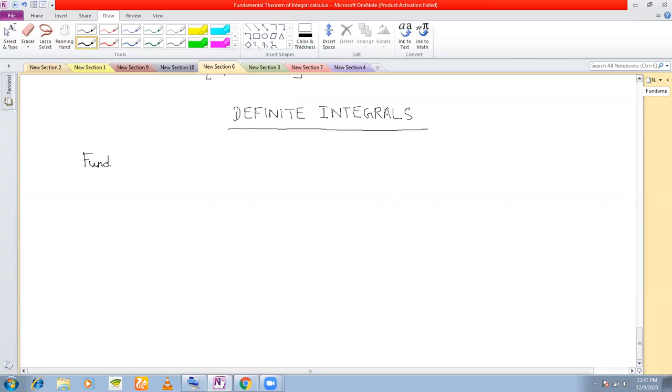Fundamental theorem of integral calculus.